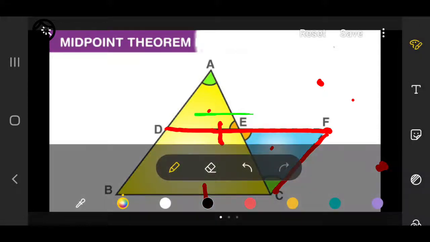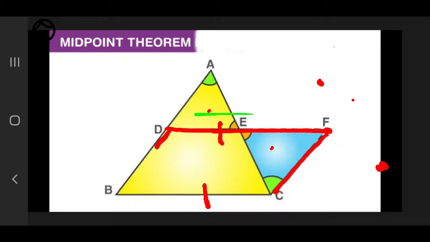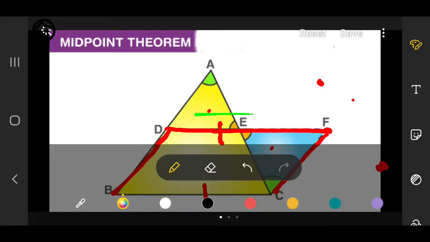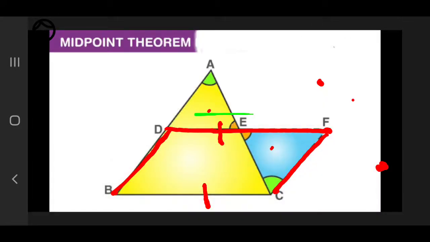You draw a line CF, that line is parallel to DB. Okay, but it is not given that CF equals DB. Then here also these two angles are equal because you know that vertically opposite angles are equal. That's why these two angles are equal.